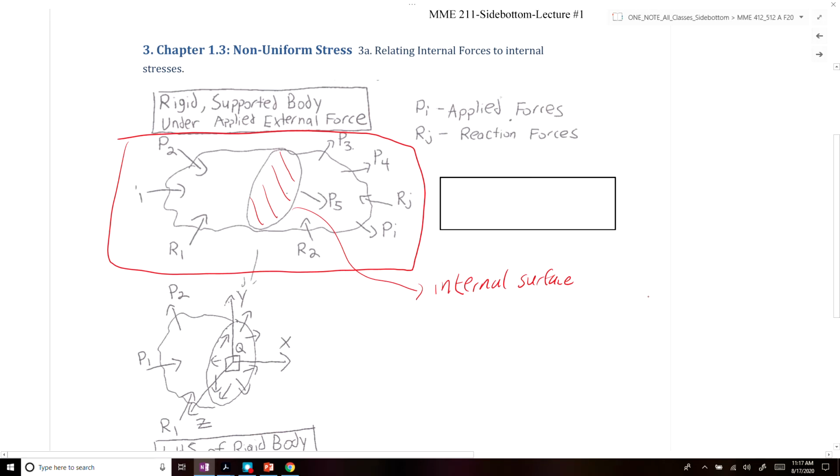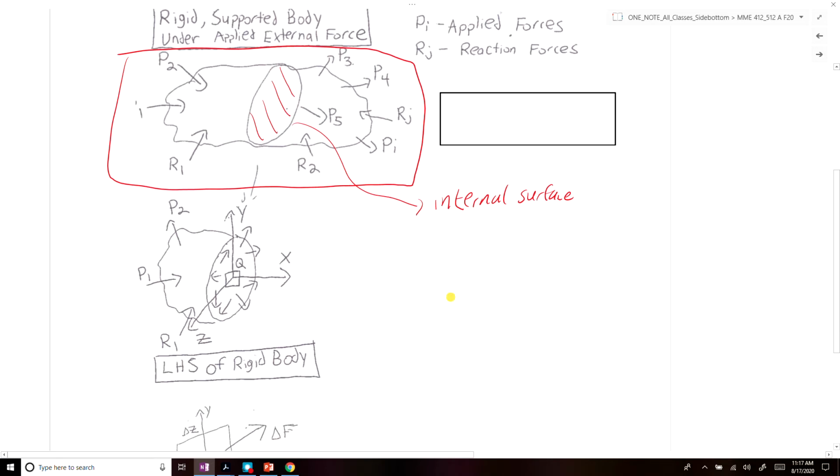If we just look at the left-hand side, in order for it to remain in equilibrium, there has to be some type of pressure or applied force that remains within the rigid body to ensure equilibrium. These arrows represent the internal distribution of pressure required for the rigid body to remain in equilibrium.